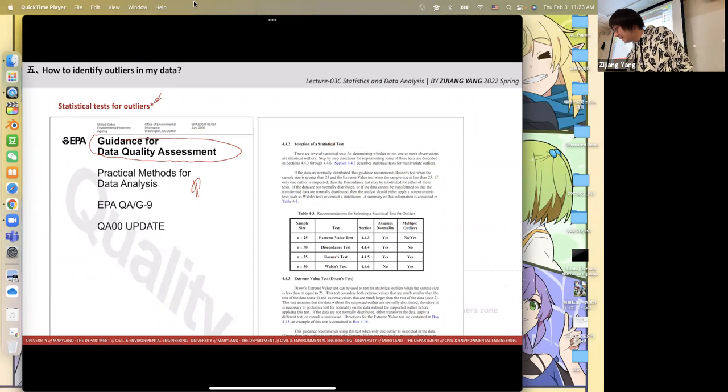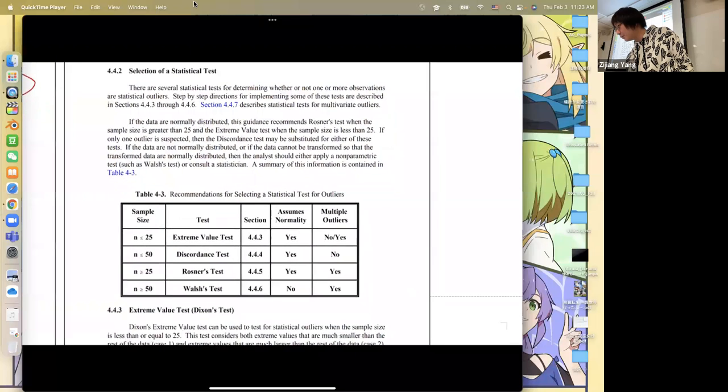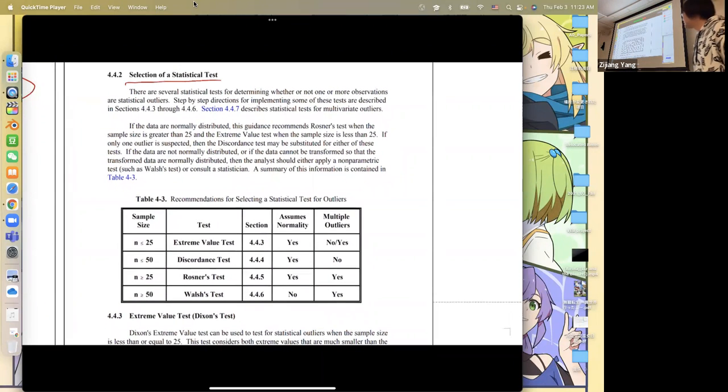In section 4.4.2, it talks about selection of statistical tests. And here is a table that shows the recommended statistical tests for outliers. I'm not going to talk about them in detail, but I just want to emphasize that for different sample sizes, we may choose different tests. Also, for most of the data, we will assume they follow the normal distribution, but for some of the tests, we don't have to meet this requirement.